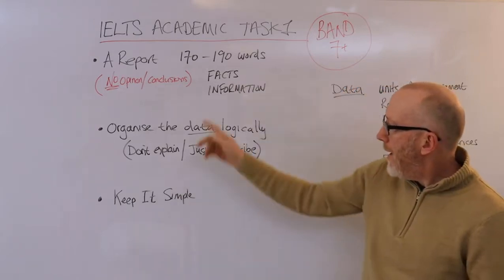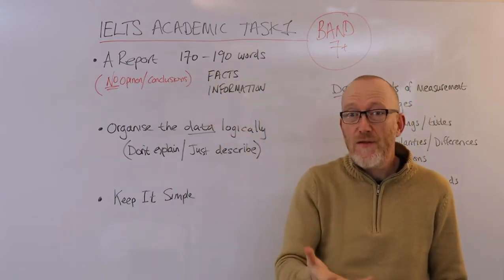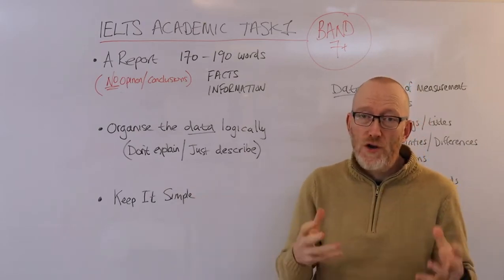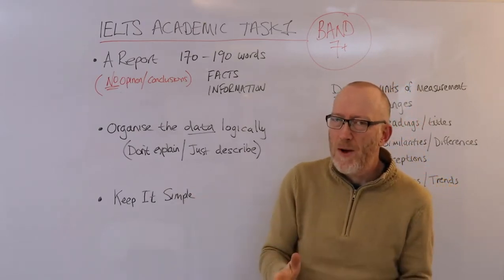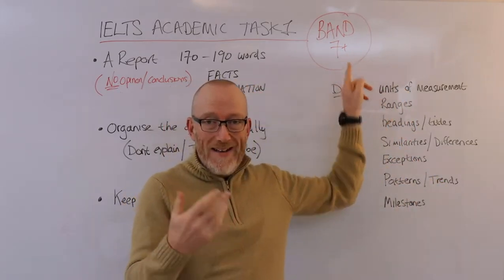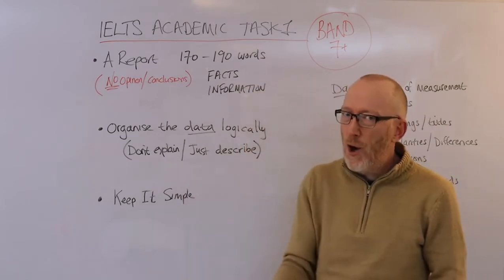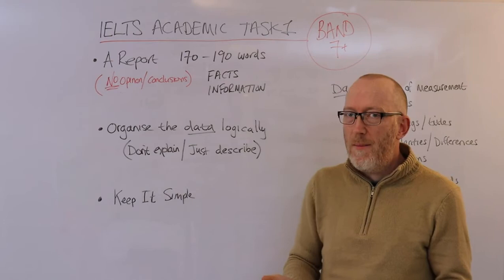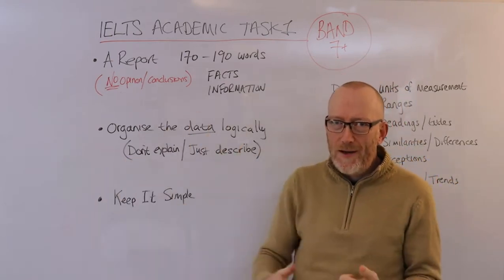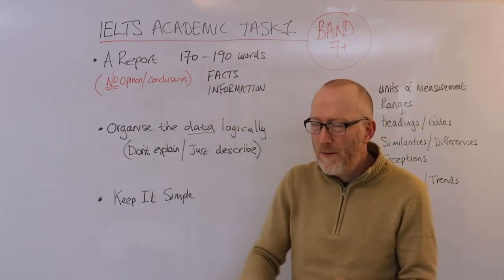Now your minimum word count to successfully pass this part of the IELTS test is 150 words. That's your minimum. Now if you want to achieve a band 7 or above, you have to go above and beyond the minimum requirements. But you don't want to go too far, because you don't have time to write 250 words or perhaps 300 words.